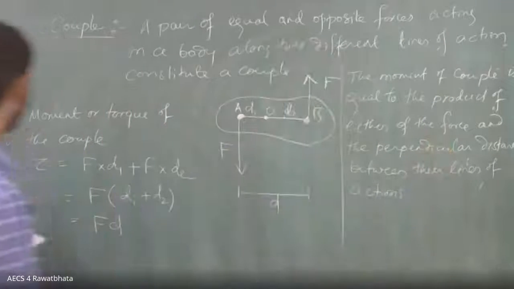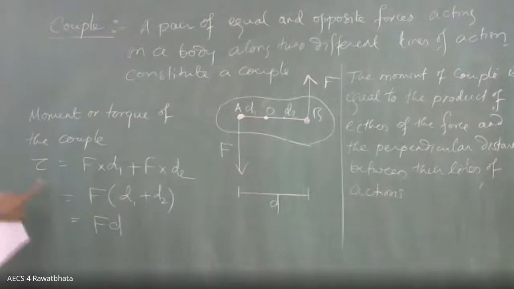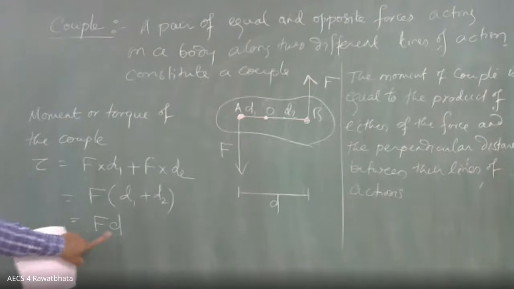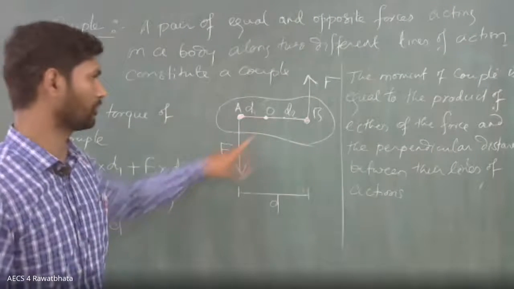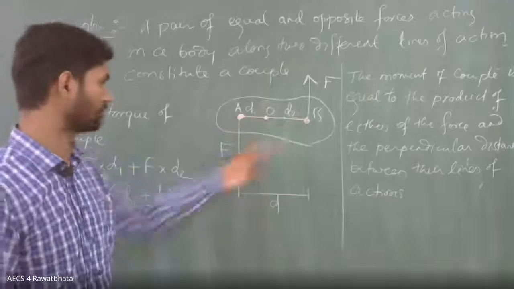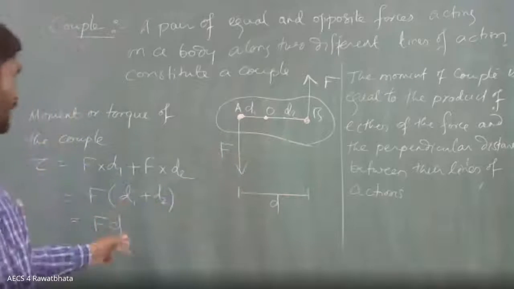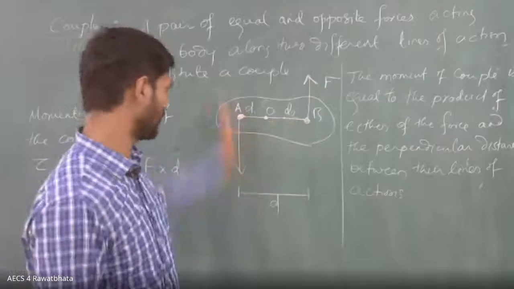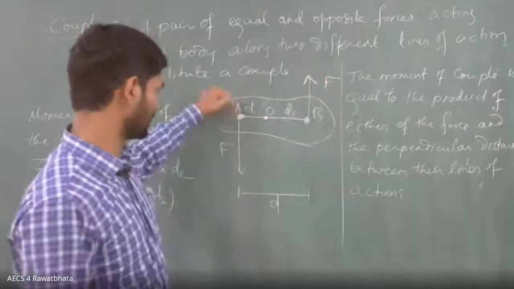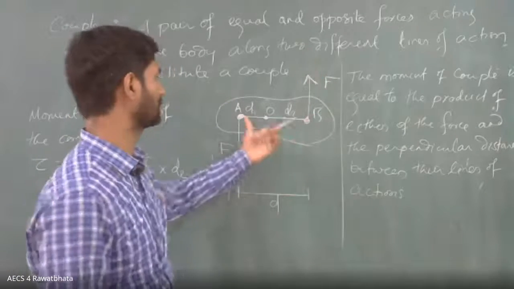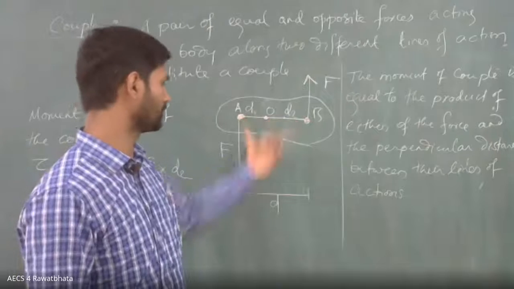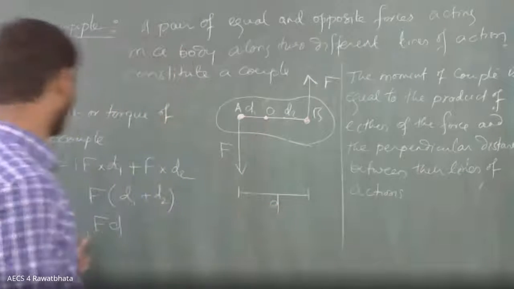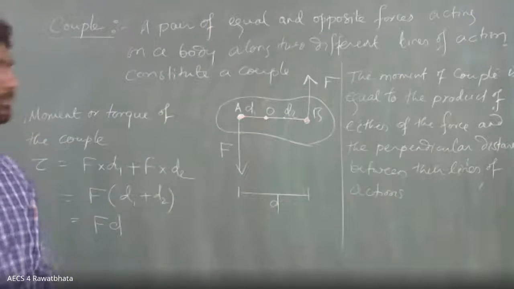Yes, we can see the torque, tau, is equal to F into d. F is nothing but the force, equal and opposite, so we are taking one of them only, and the distance between the two lines of action. This is the first line of action and this is the second line of action. So the distance between them is the total distance d. So F into d.